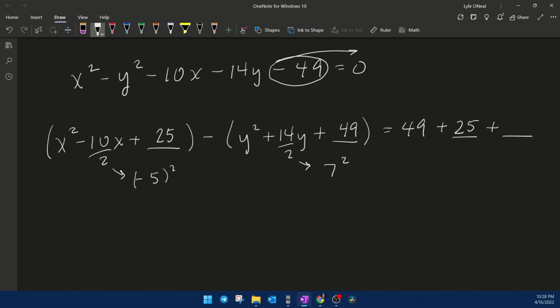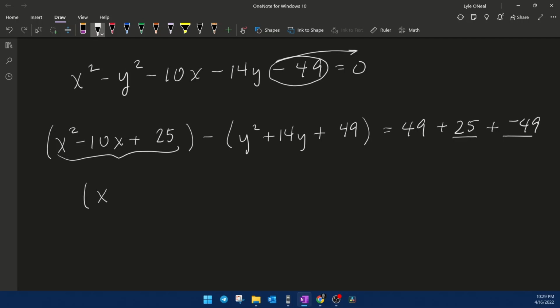Now look, it may look like I added 49, but remember the negative that I factored out will also apply to that. So really, instead of adding 49, I subtracted 49, which means that I'm going to need to subtract 49 from this side. And now factoring. We have a perfect square trinomial.